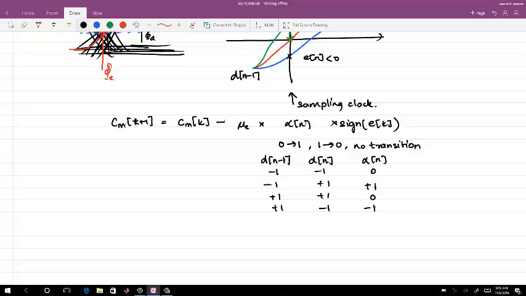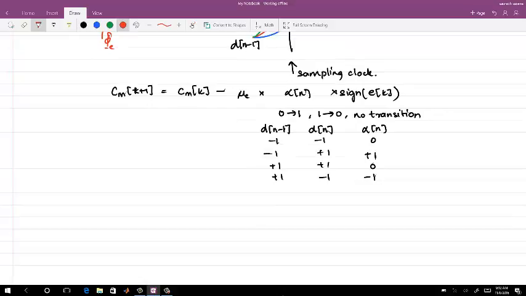Okay, this can just be simplified as, sorry, c m of k plus 1 equals c m of k, mu e.